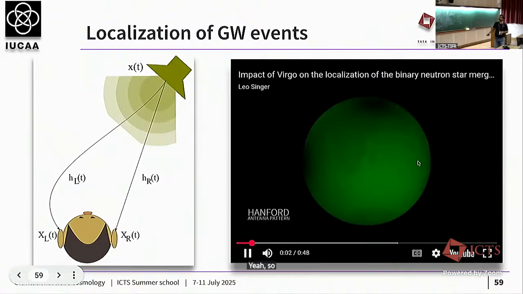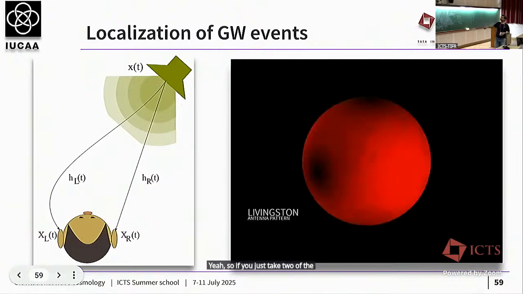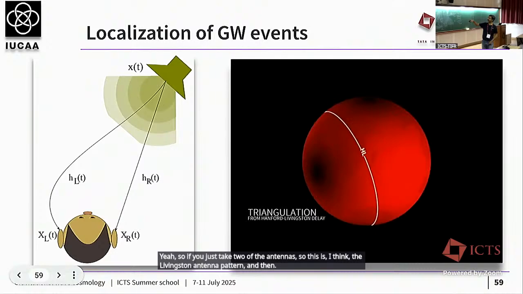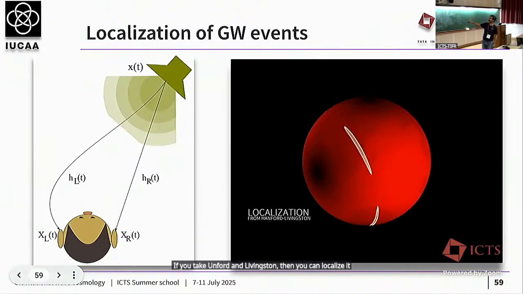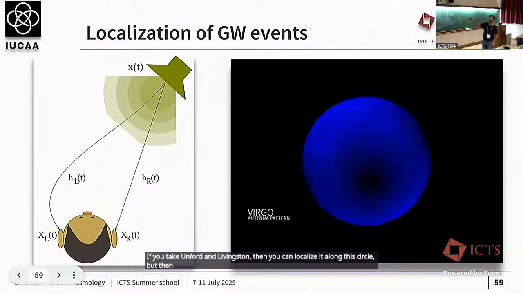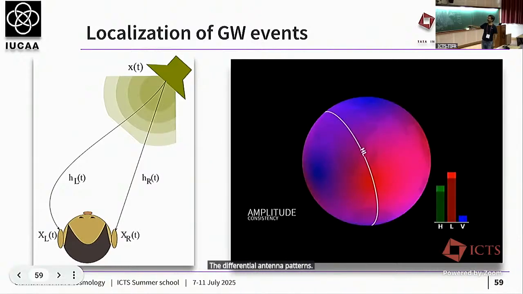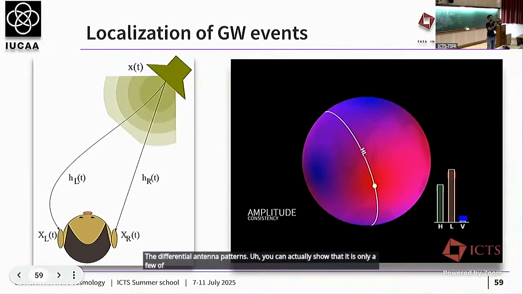If you just take two of the antennas, so this is, I think, the Livingston antenna pattern, and then if you take Hanford and Livingston, you can localize it along this circle. But because of the differential antenna patterns, you can show that it can only lie in a few of these ellipses on this localization region.